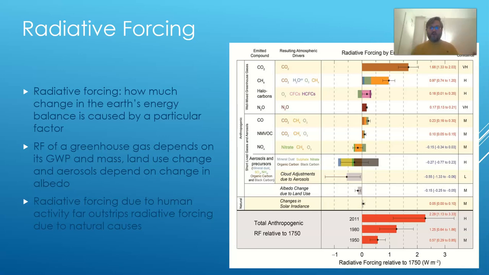If you take a forest, which is a pretty dark colored thing, cut it down, replace it with, say, cattle pasture or cornfields, those are lighter colored, they have a higher albedo. So the net change, when we put it all together, add it all up, the positives and negatives, human activity changing land use, changing the albedo of the Earth's surface, actually creates a negative radiative forcing. It's a cooling effect on the Earth.